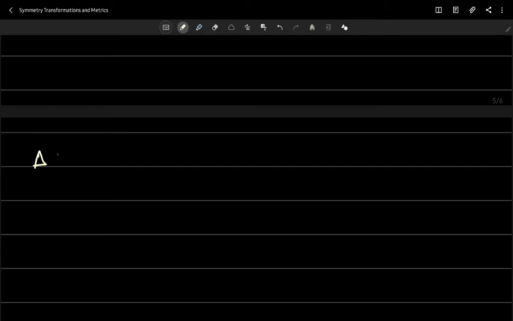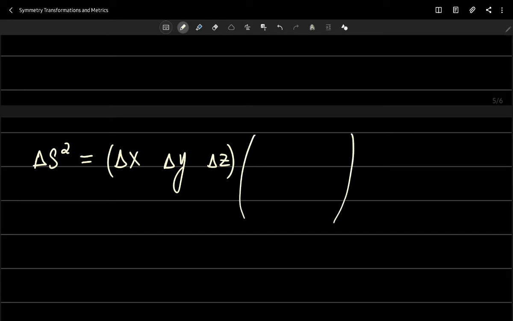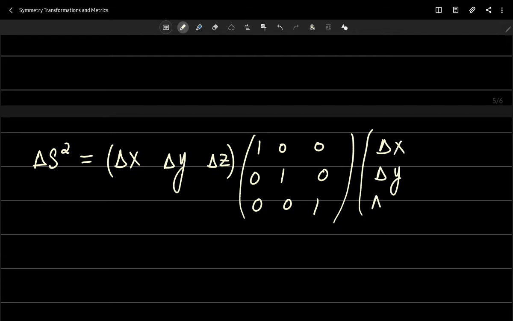So yeah, we should understand the distance expression as delta s squared is equal to the row matrix delta x, delta y, delta z times this G that we have, the matrix in 3D space, that is given as this 3 cross 3 identity, and times the column delta x, delta y, delta z.